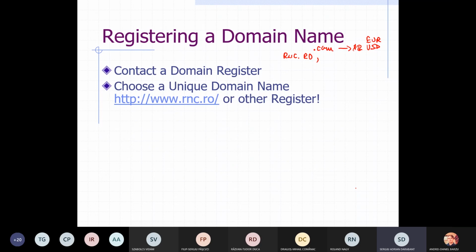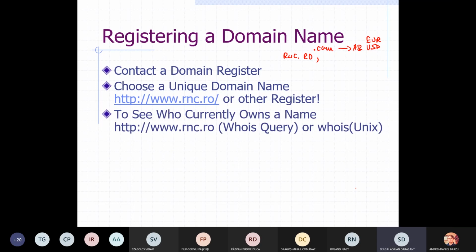So you contact the domain registrar, you choose a unique name. If a domain is already taken, there is a Whois service, which is usually web-based, but there are also commands in the command line that help you do the same thing.